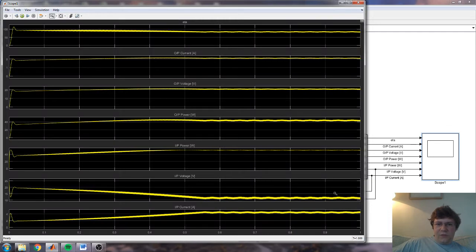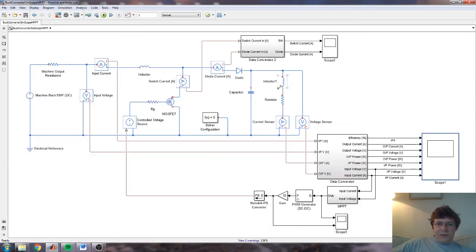So it looks very much as though what's happening is we are adjusting the energy drawn from this source until it's a maximum per cycle.